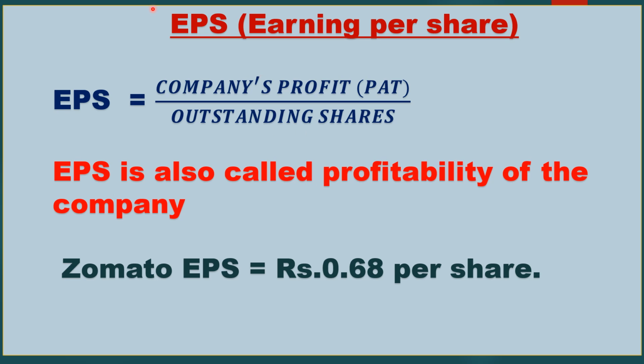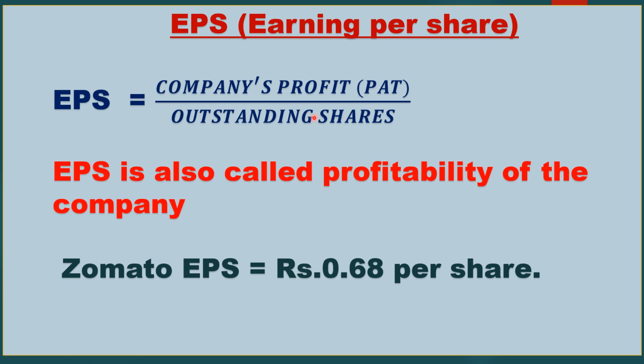Okay, what is EPS? Earnings per share. It is equal to the company's profit after tax divided by outstanding shares. In the PE ratio, we have used EPS. How is it obtained?